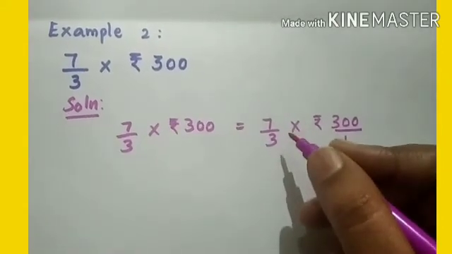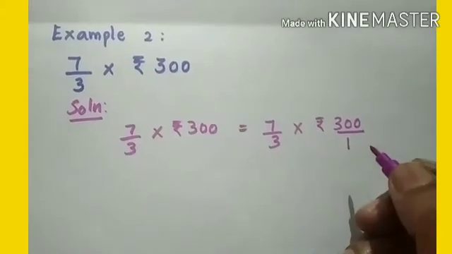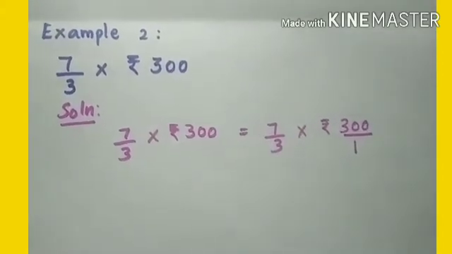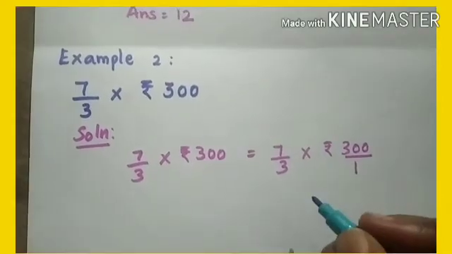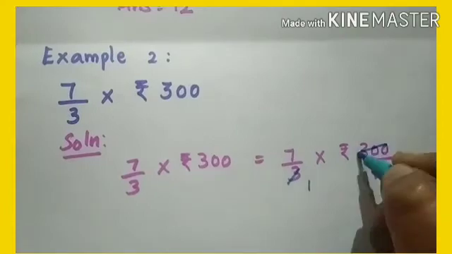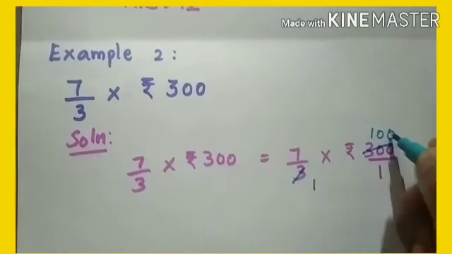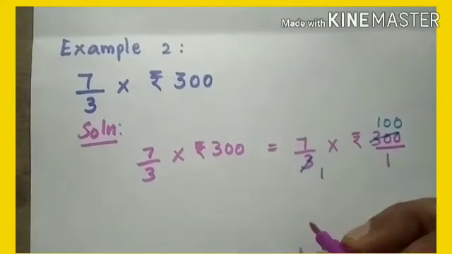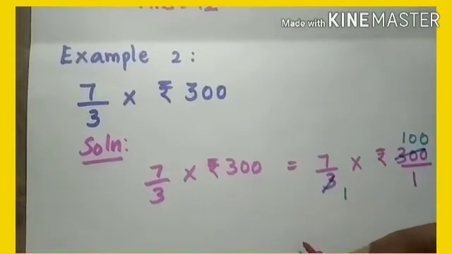Students, let's check the common factors in the numerator and denominator. In this sum, 3 and 300 have the common factor which is 3. So divide the numerator and denominator by the common factor, that is 3 ones are 3, 3 hundreds are 300.